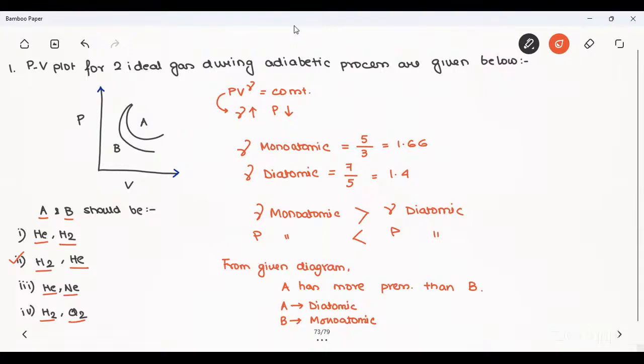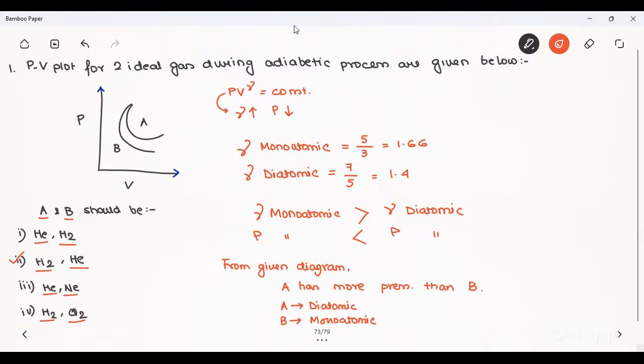So from this, what I can say, gamma of monoatomic is more than gamma of diatomic. Can we write this statement from here? Yes or no, say? Yes, ma'am.